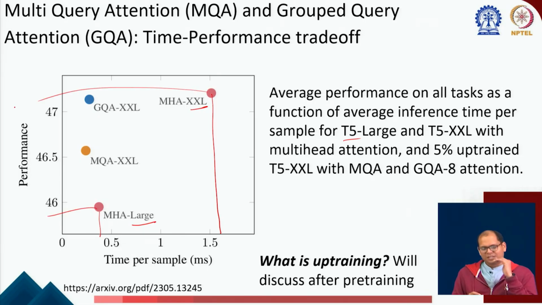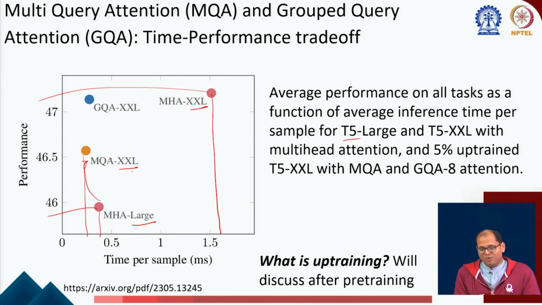Now, with multi-query attention, even the XXL model can run in less time than the large model, so your efficiency is increasing. But your performance drops from the XXL model. You lose on performance, though you are still getting better than the large model.